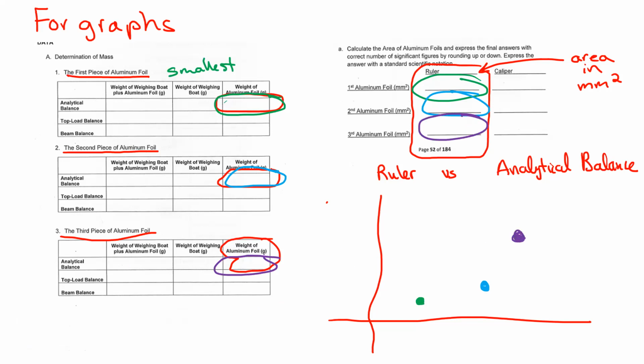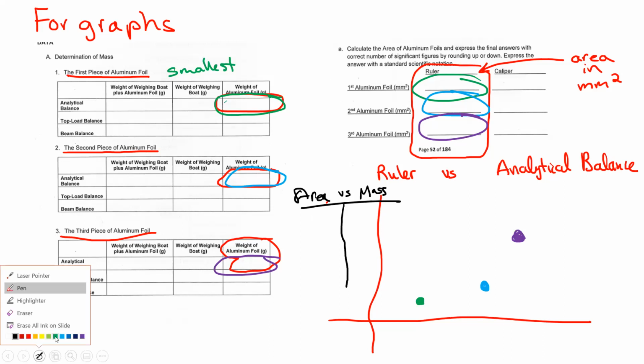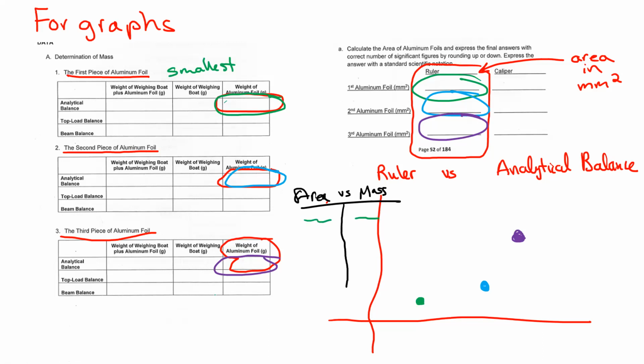Before you create this chart, you'll create a table of area versus mass in the spreadsheet, with these corresponding numbers lined up. Then you can create the chart, labeled, and pull out the equation and the R squared value.